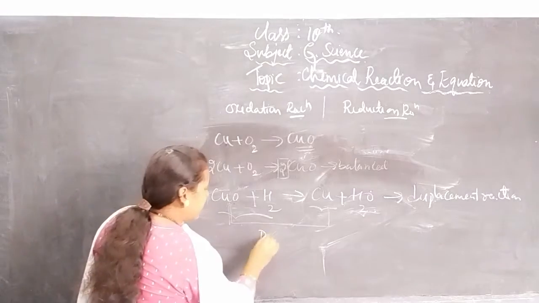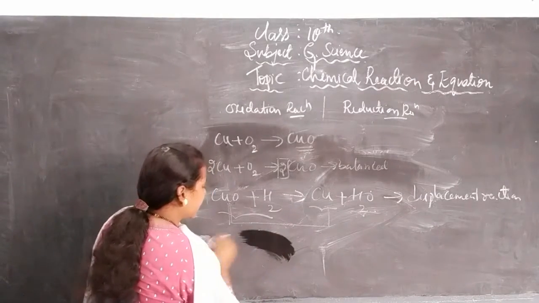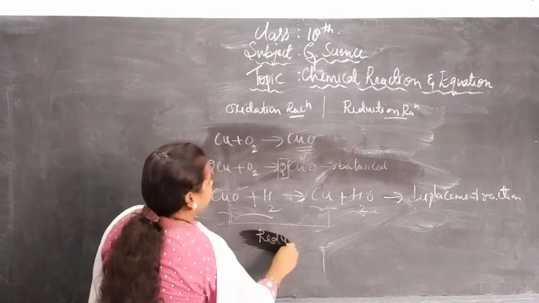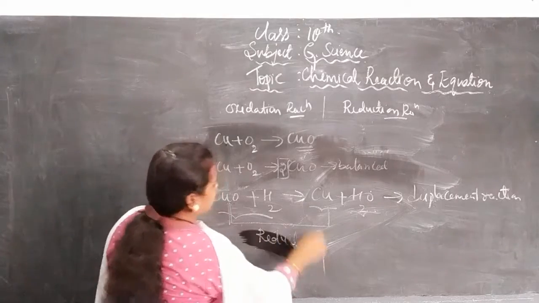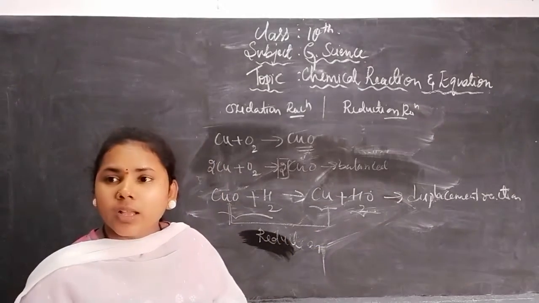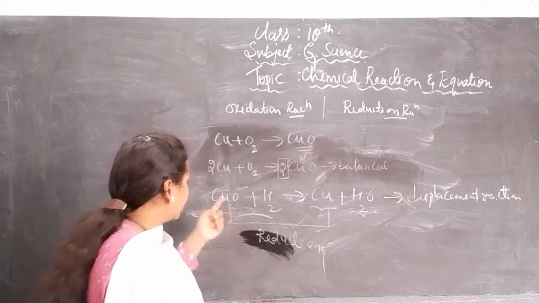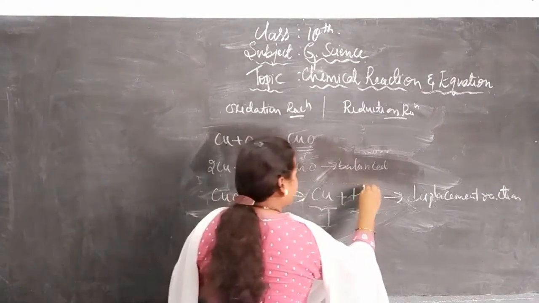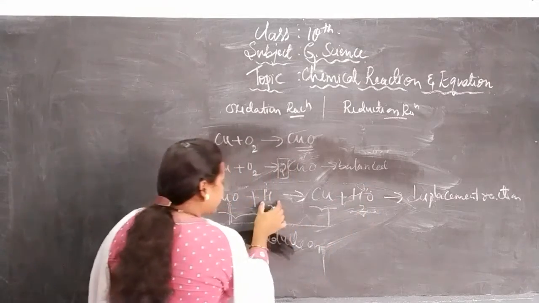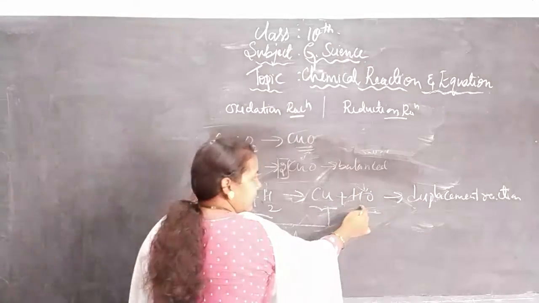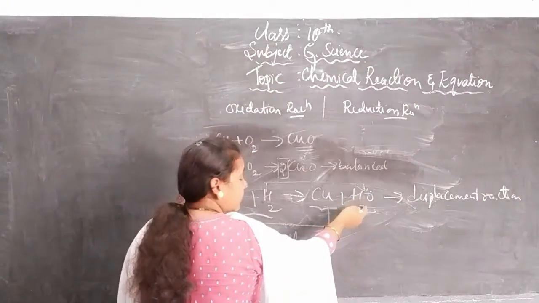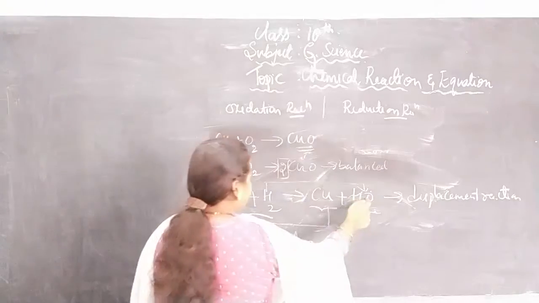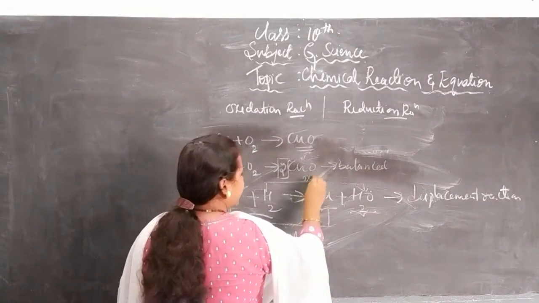Hence this is called reduction. Again, reduction means what? It is the removal of oxygen, right? Here oxygen is removed. But in hydrogen, oxygen is added. Hydrogen is getting oxidized by oxygen. Hence this is called what?